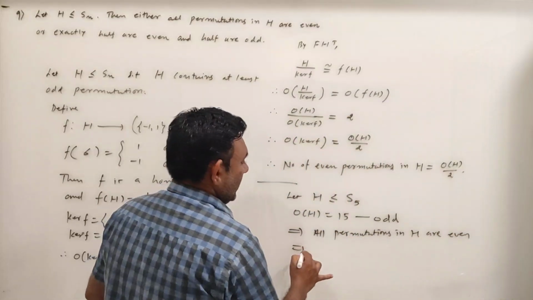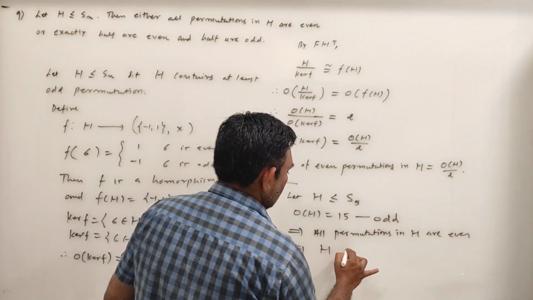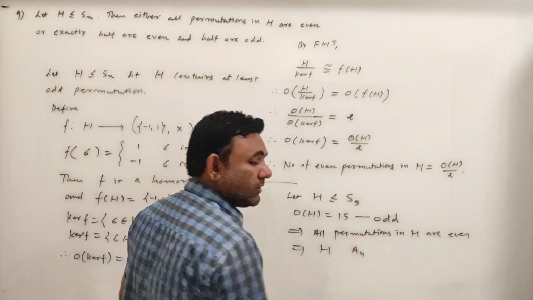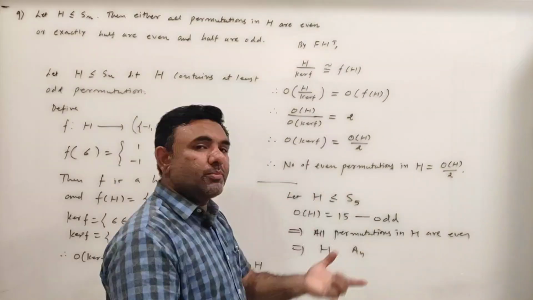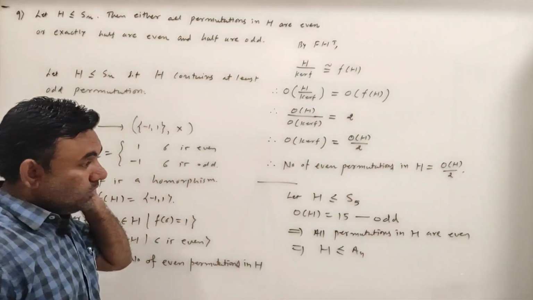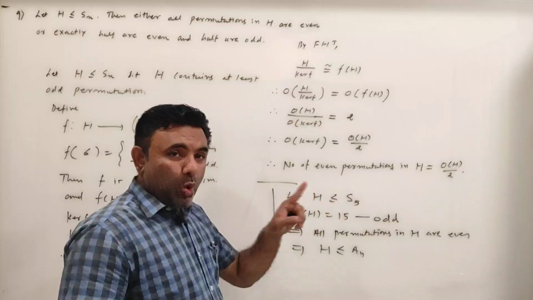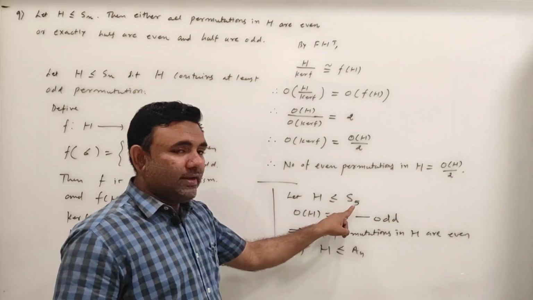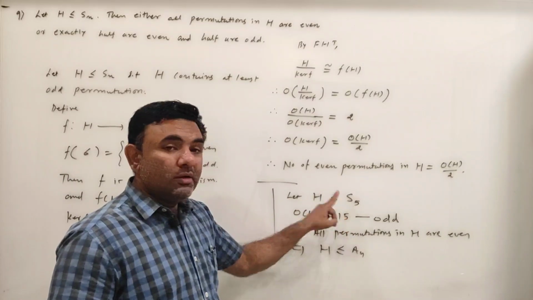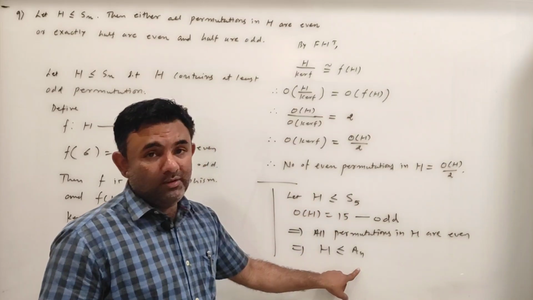So it means every member of H is an even permutation, so where will every member of H belong? In AN, because AN contains all even permutations, so H is also a subgroup of AN. So it means an odd order subgroup of SN in general is also a subgroup of AN, right?